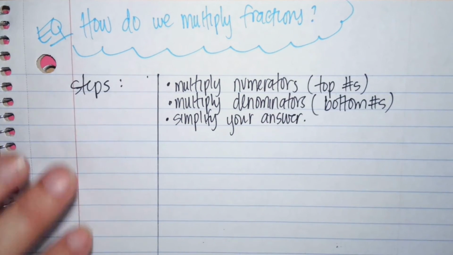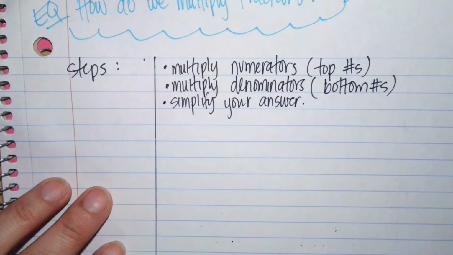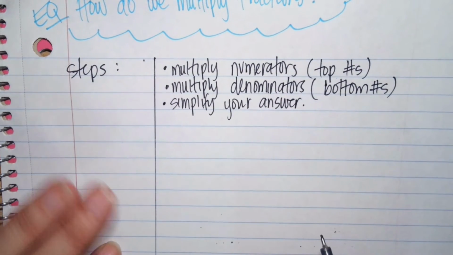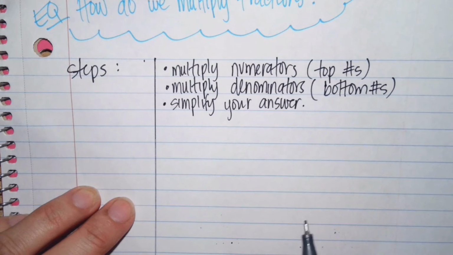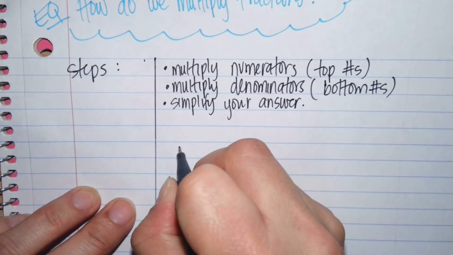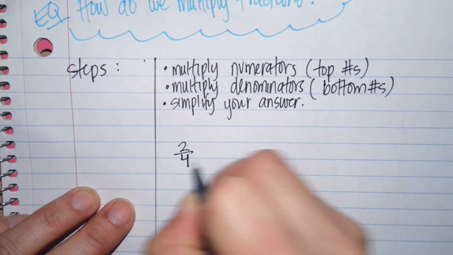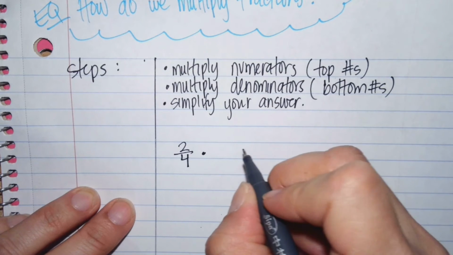Okay? So let's start with some pretty basic ones here. Let's say we have 2/4, and we're going to multiply it by 3/4.